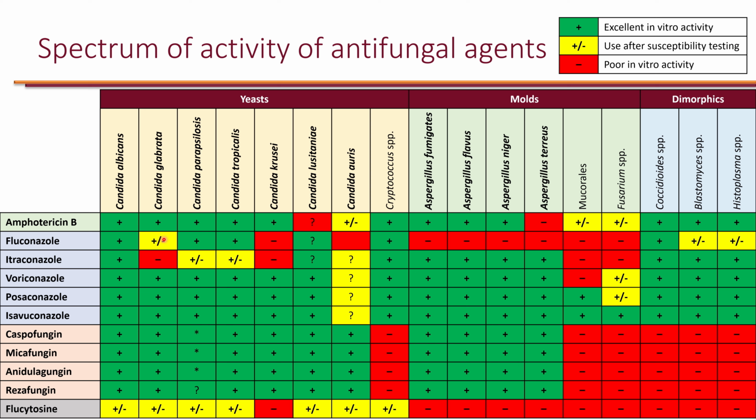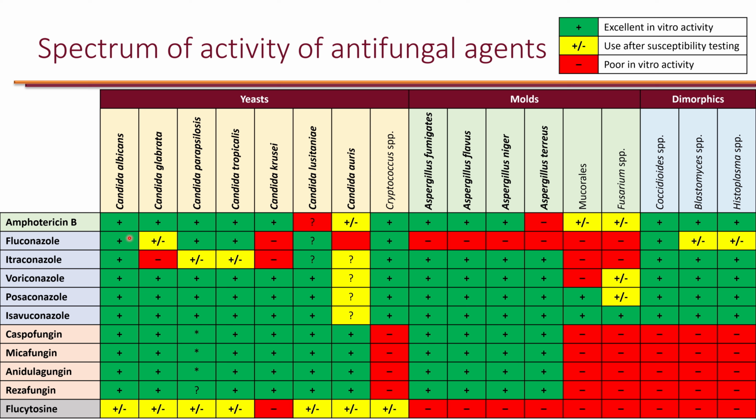So susceptibility must be checked, and in fact fluconazole might have to be given at higher doses depending on the MIC of glabrata, if it's susceptible dose dependent. And then there is just no activity against krusei, and of course auris is pretty much resistant to fluconazole.